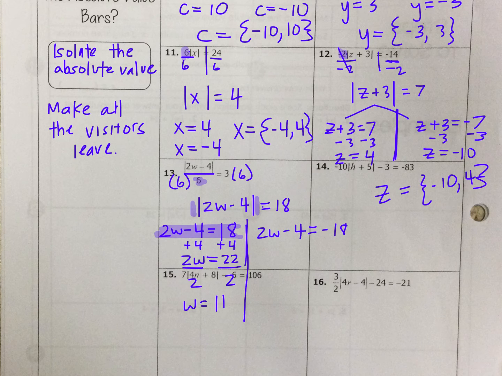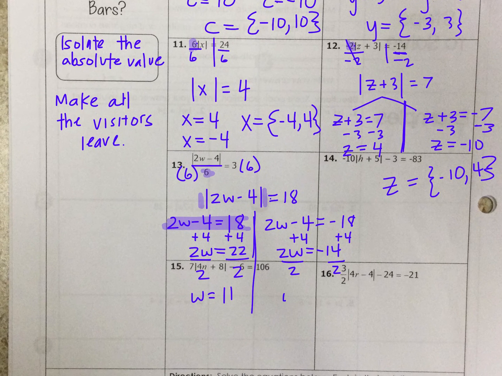Now let's do the same thing to this one. Add 4. 2w equals negative 14. Divide by 2. W equals negative 7. So my solution set for this is negative 7, 11.